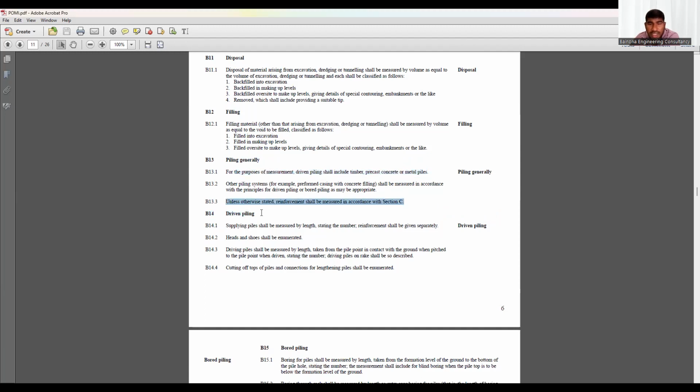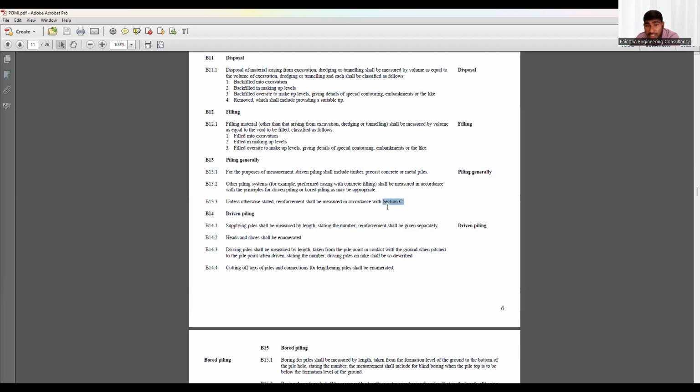What they are telling here is that if the pile consists of reinforcement, that is not measured under the piling item in the bill of quantities. It is measured separately under the concrete reinforcement. If you go to section C, we will see a section separately for the reinforcement measurement. A concrete pile with reinforcement will be measured separately, not included in the pile.